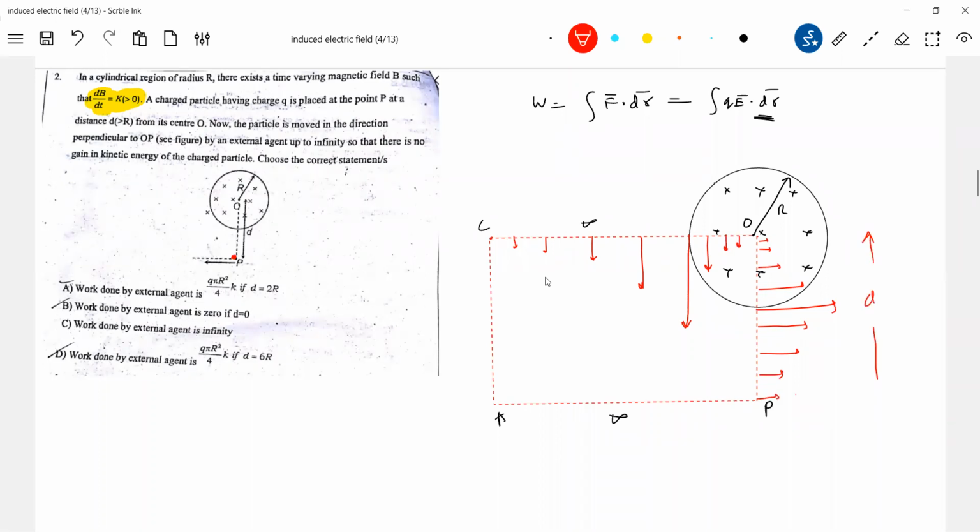This is equal to D. So the work done to move from P to A: the external agent will do work in moving the charged particle from P to A. That work done is what is being asked here.